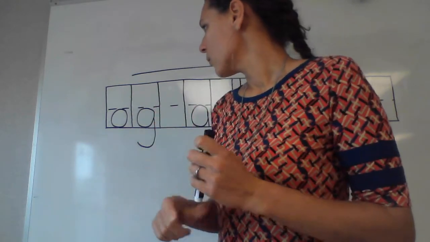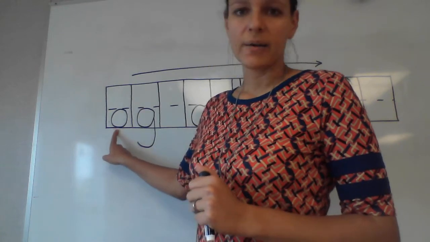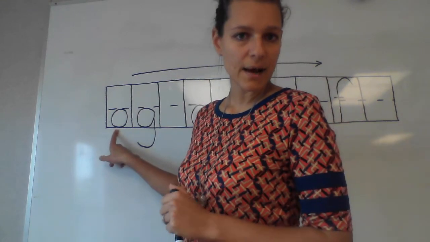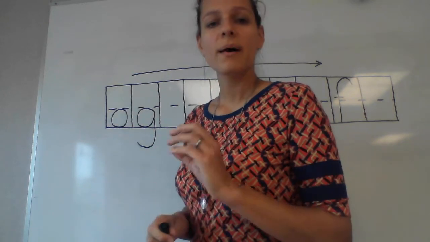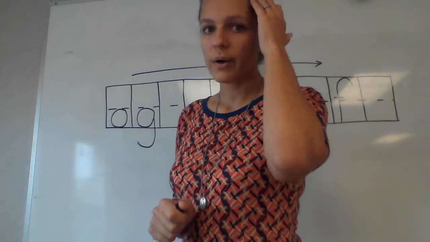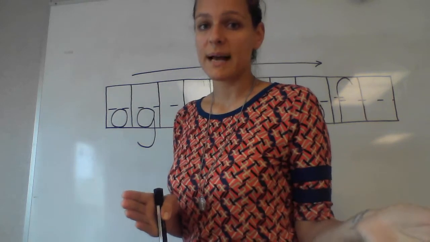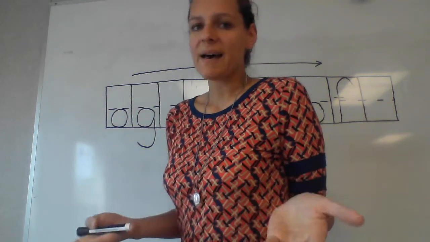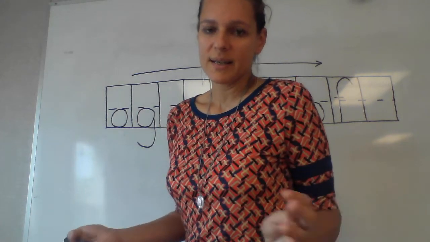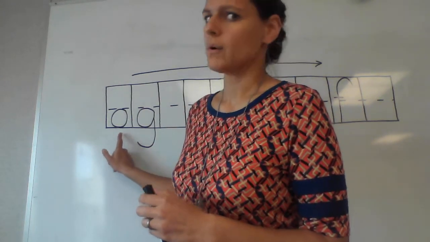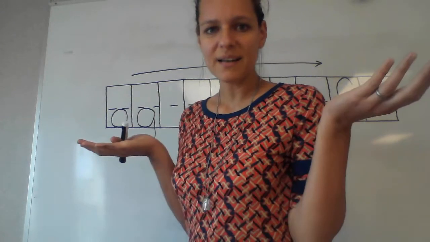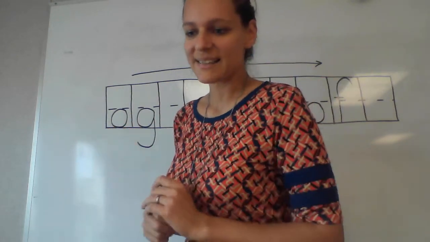Now, when we look at this phonogram, we know it has how many sounds? Right, it has 3 sounds. But when a phonogram is in a word, even though it might have more sounds that it can make, it only ever makes 1 sound. There's no way that this phonogram could make 2 of its sounds or all of its sounds in a word, because then it wouldn't make any sense.